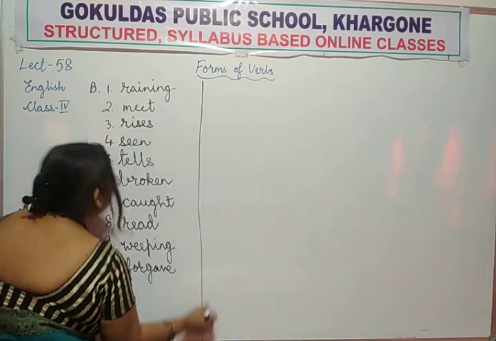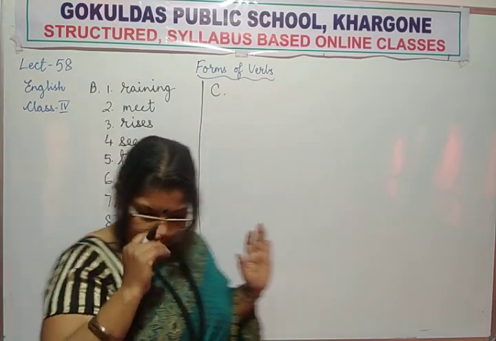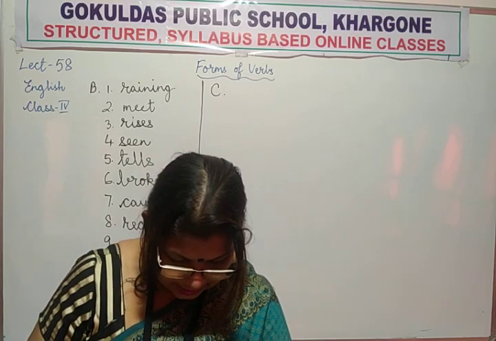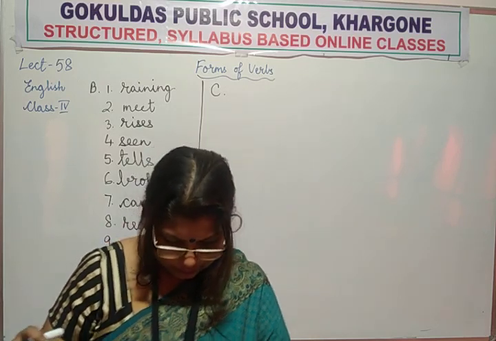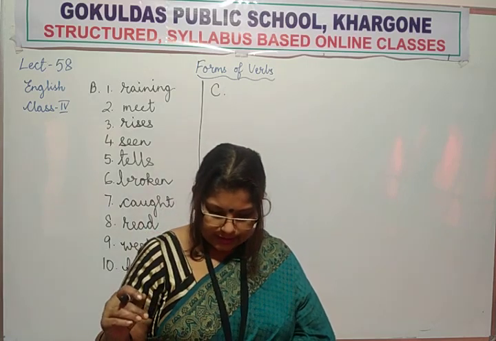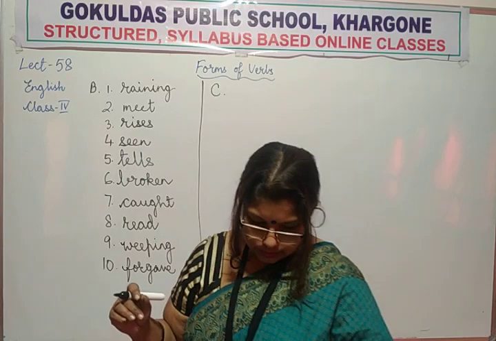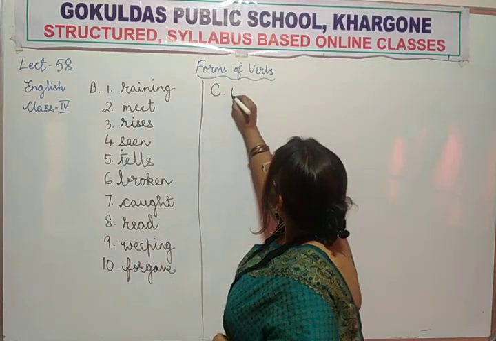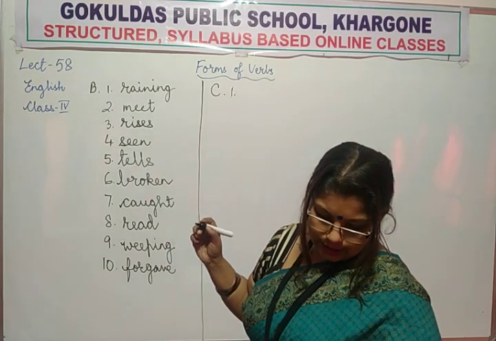Now we are going to do C. Look at the picture and fill in the blanks with correct verb form in the given sentences. Okay. The girl, number 1, first blank will be the girl will do her lesson.